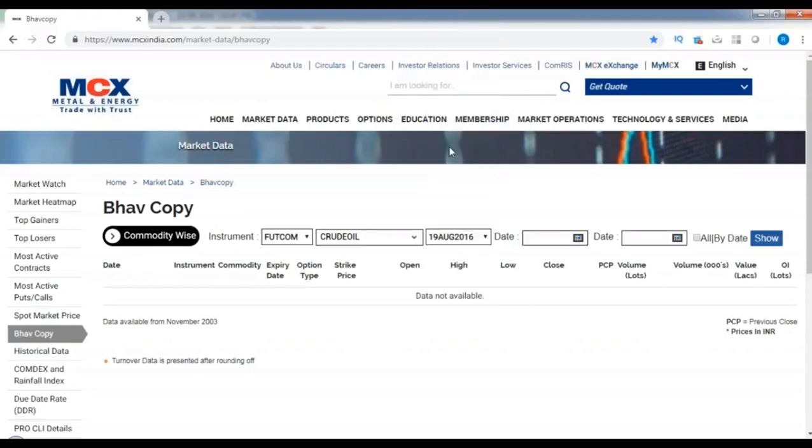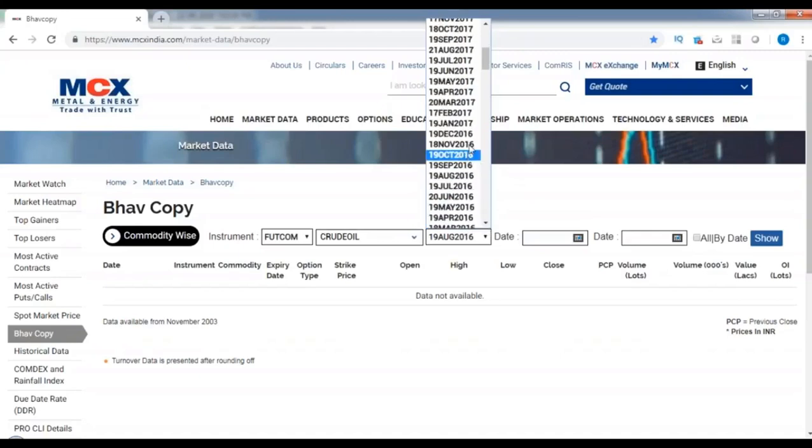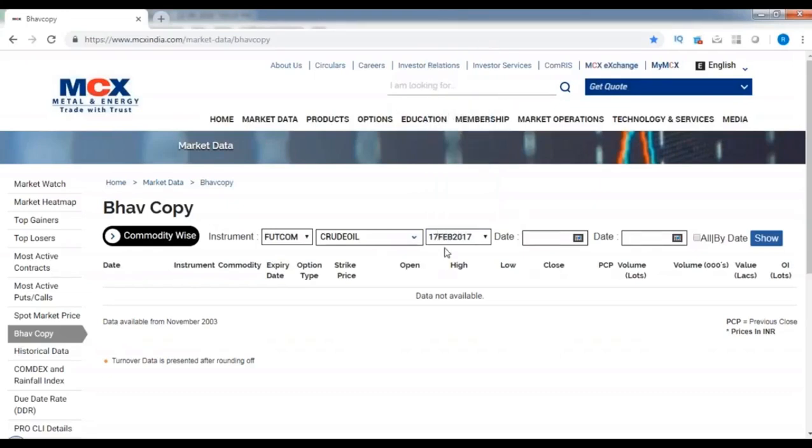Okay. So what I'm doing is let me take, say, 19th of August 2016, or shall I take, let's take the early 2017. Okay. So let's take February 2017 data.